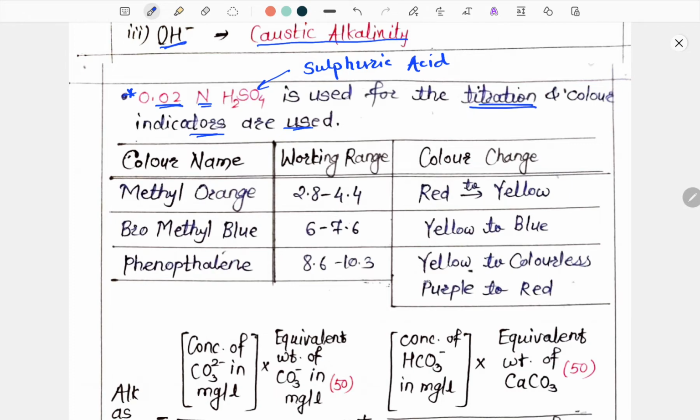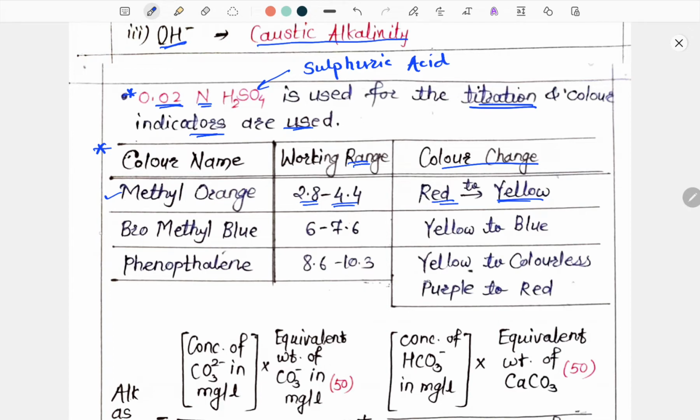Here is a very important table: indicator name, working range and color change. If we use methyl orange as the color indicator, its working range is 2.8 to 4.4 and the color changes from red to yellow.